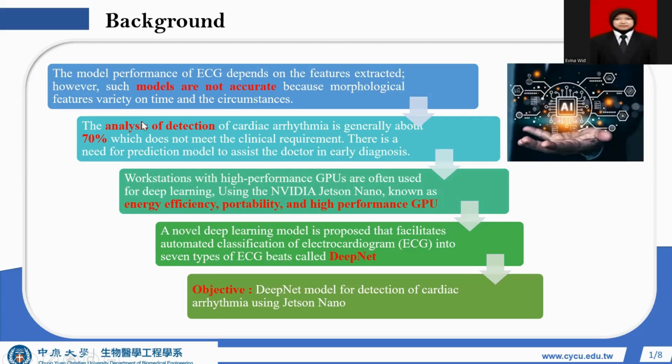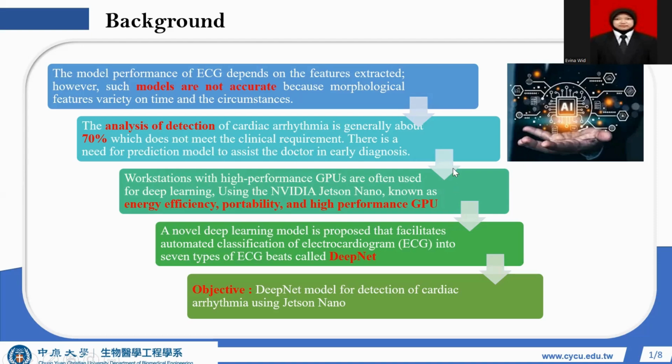So the accuracy of cardiac arrhythmia detection is generally around 70%, not higher than that, which does not meet the clinical requirement. 100% is best, and 70% does not quite meet the requirement. Therefore, there is a need for a prediction model to assist the doctor in early diagnosis.